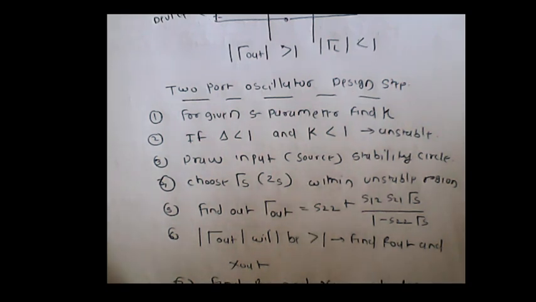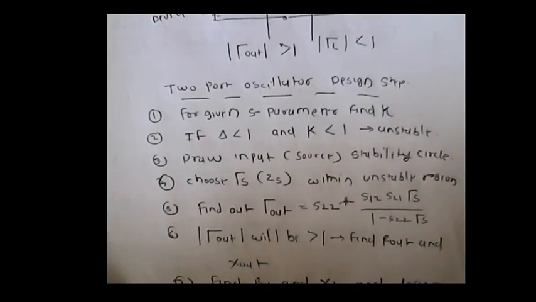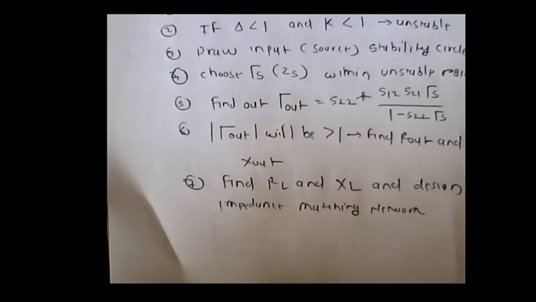First check this, then draw the input source stability circle using the Smith chart, then choose gamma S or ZS within the unstable region, then find gamma out using the formula in terms of S parameters: S22 plus S12 S21 gamma S divided by 1 minus S22 into gamma S. Then gamma out will be greater than 1, then find R out and X out, then find load resistance and load reactance and design the impedance matching network.